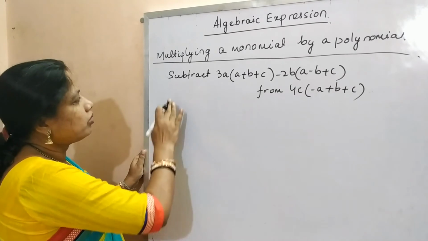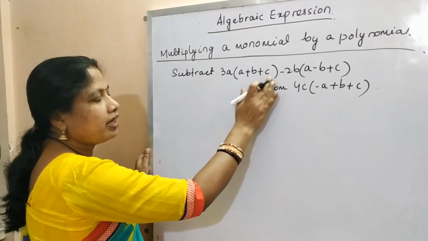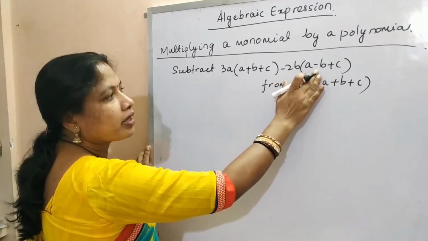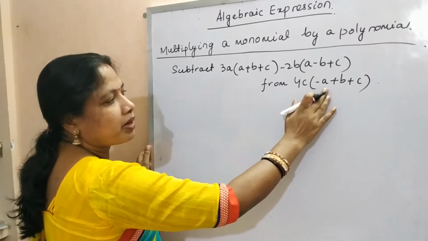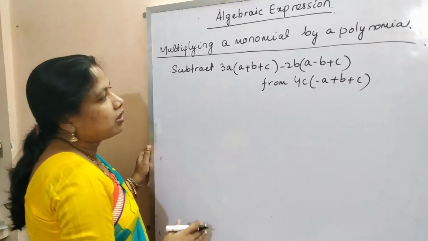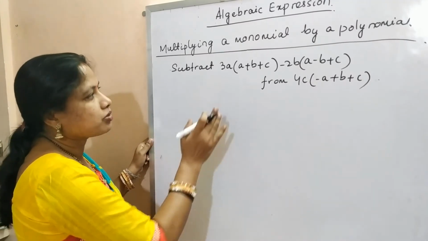Next example: subtract 3a multiplied with (a plus b plus c) minus 2b multiplied with (a minus b plus c) from 4c multiplied with (minus a plus b plus c). So before subtracting these two algebraic expressions, first we have to simplify.